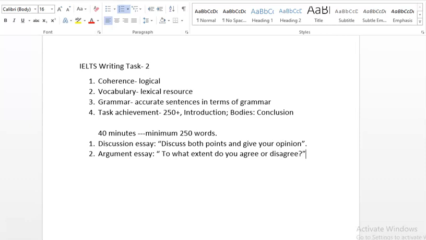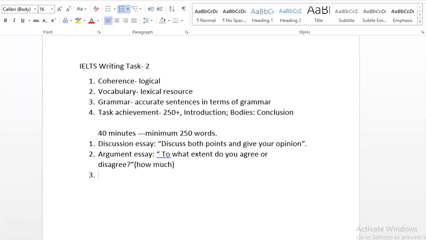Well, here we have to say if we agree or disagree, and plus we have to say to what extent. It means how much you agree. Do you completely agree? Do you strongly agree, or do you partly agree, etc. Throughout our tutorial, we're going to address all these questions.